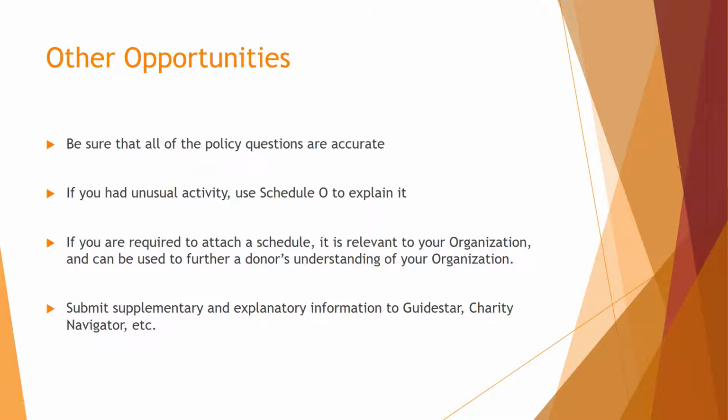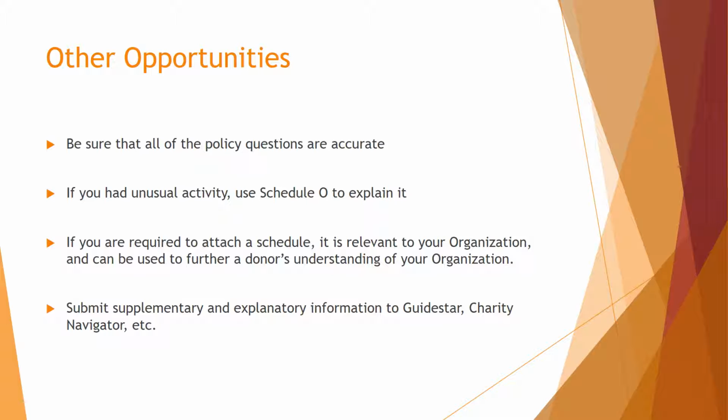Beyond those areas, there are some other opportunities to put your best foot forward. And one of the important things is on page 5 of the return, there is a list of policy questions asking if you have a whistleblower document, if you have a document retention policy. And you want to read through those and make sure that if you have any of those policies that they are checked yes.